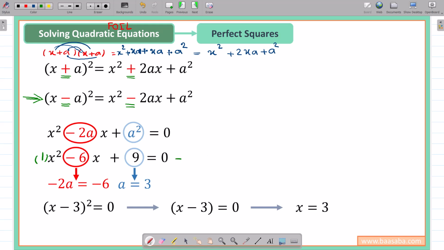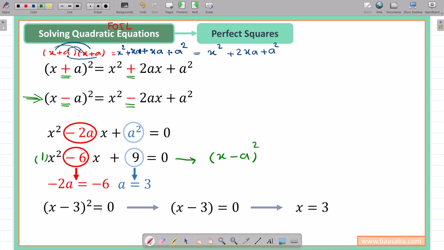So we can write x minus a to the power of 2. We had this side of our identity. We wanted to modify it to the left side of our identity. What is x? x is x. What is our a here? a is 3. So I'm going to substitute x minus 3 to the power of 2.